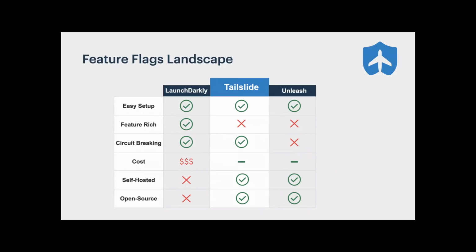Healthbar only needs to pay for infrastructure costs. Well, it only comes with essential feature flag options, but it does include the circuit breaking that developers need. Since Tailslide satisfies most, if not all, of their requirements, the developers at Healthbar agree that it is their best option. Next, Jordan will walk through Tailslide architecture with a demonstration.